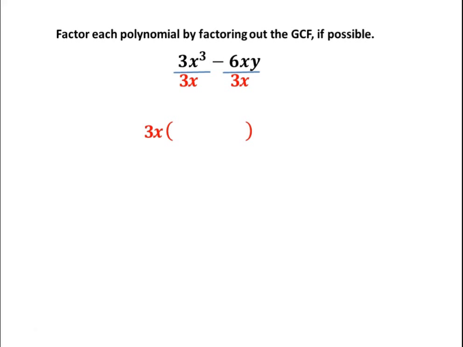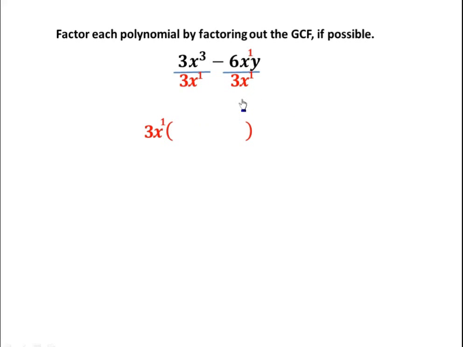Now, as we go through the problems, this is a step that we'll be able to do mentally, but you need to understand where we get the terms that go inside of the parentheses. So once you identify your greatest common factor, divide each one of your original terms by that greatest common factor. Now keep in mind, these x's have understood ones as exponents.